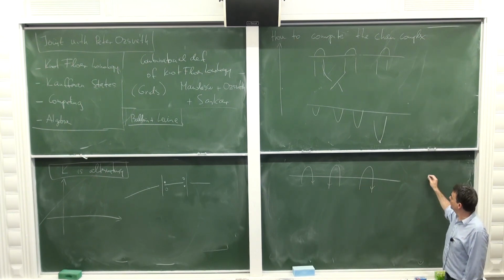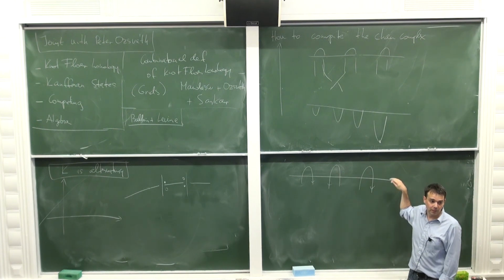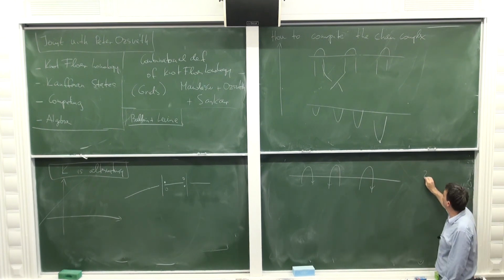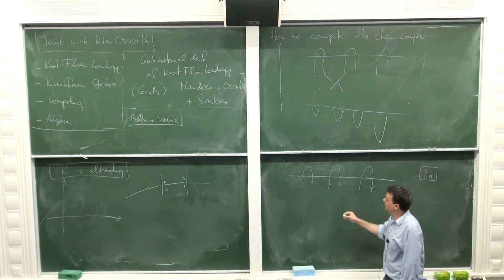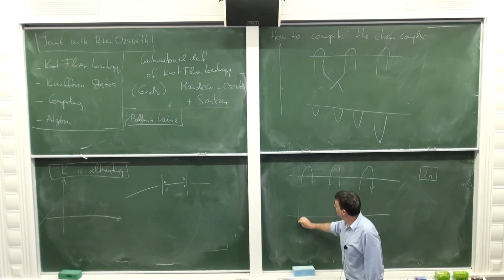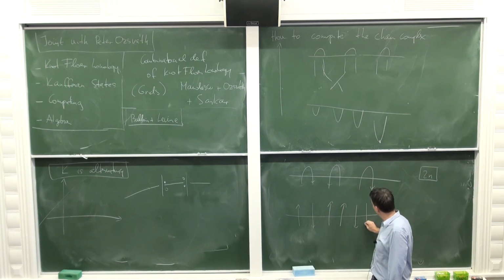We have a number, namely how many strands go through that line. And that's going to be even, so we have this even number 2n. We also will have, in general, a picture where half of these strands will go up and half of them go down, something like this, in the middle.